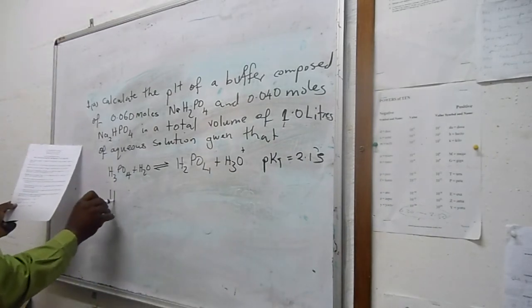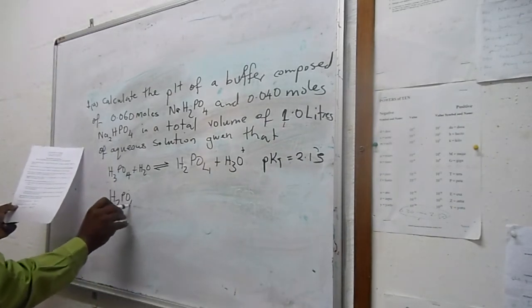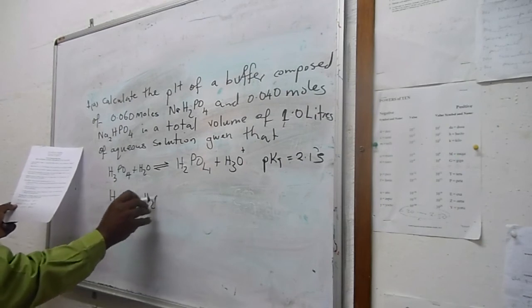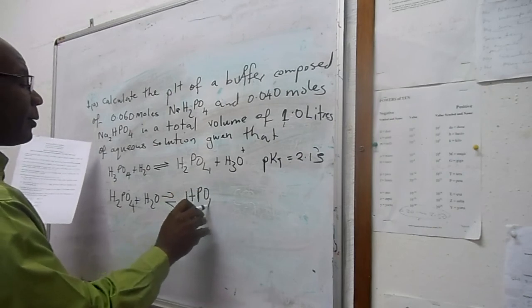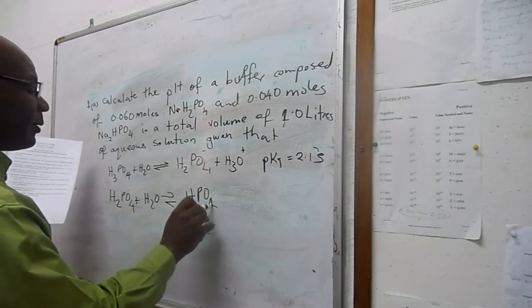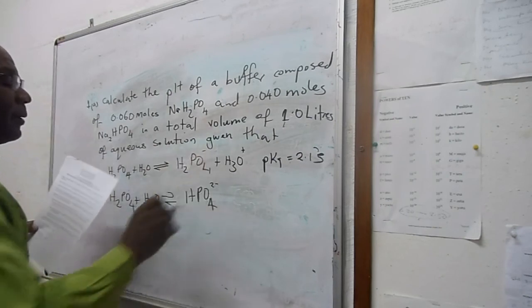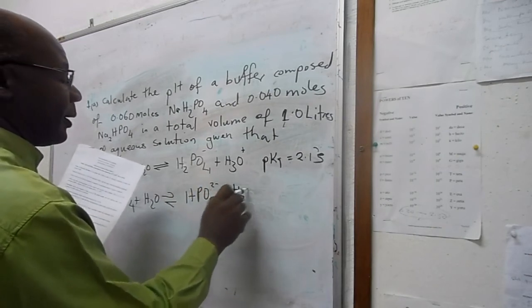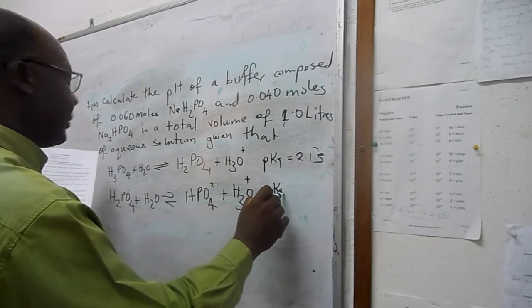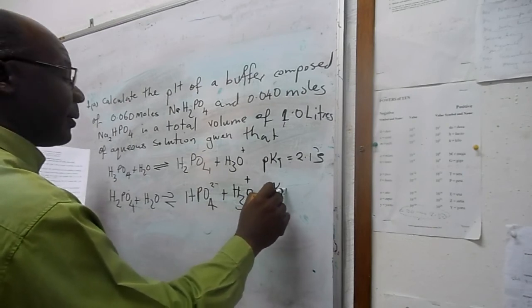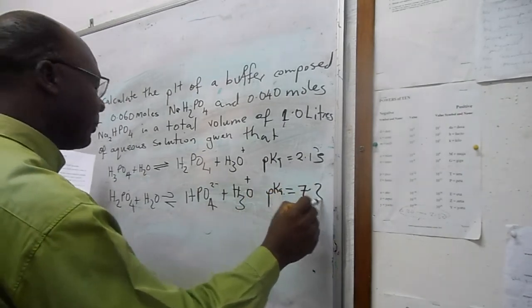Then we are given H2PO4- plus water gives you hydronium ions plus HPO4 2-, pKa you are given as 7.2.